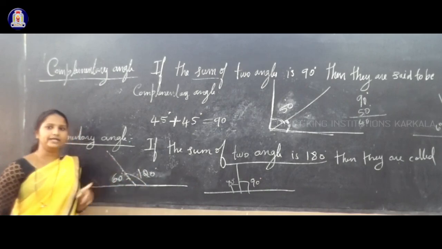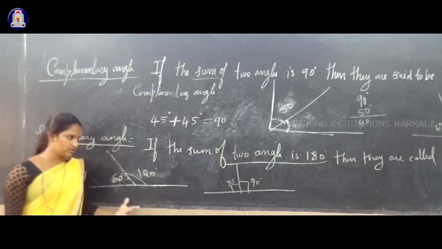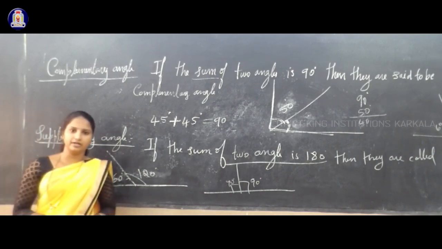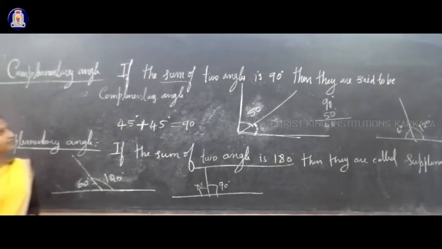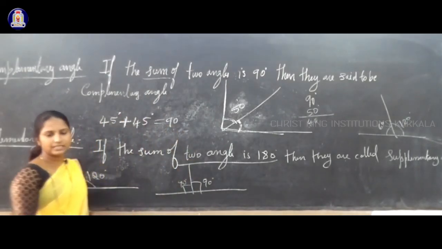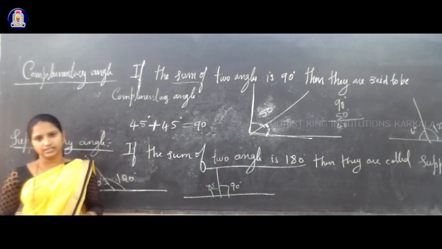So 180 minus 120 gives 60 degree. Clear? This is the method to find supplementary and complementary angles. The definition is very important. Complementary means the sum of two angles is 90, and supplementary means the sum of two angles is 180 degree. Clear?